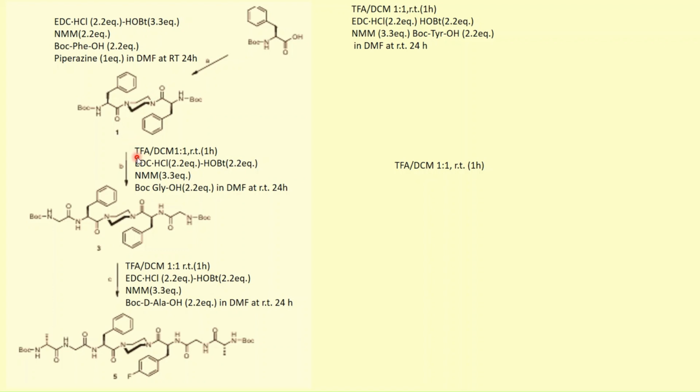In the second step, the Boc is deprotected by treating with trifluoroacetic acid and DCM in the ratio of 1:1 and stirring at room temperature for an hour.